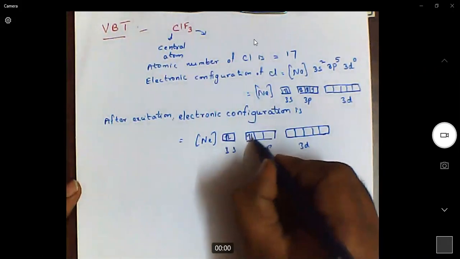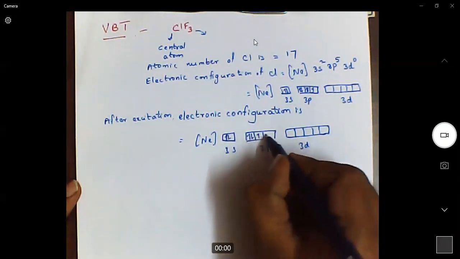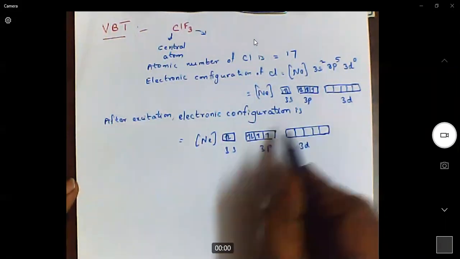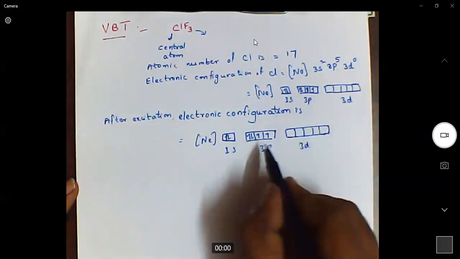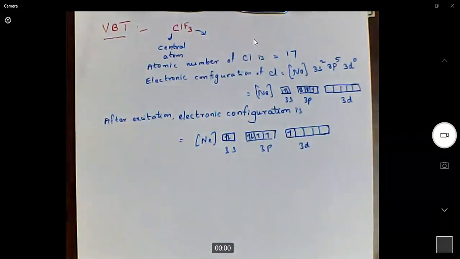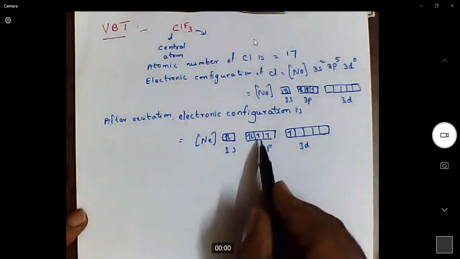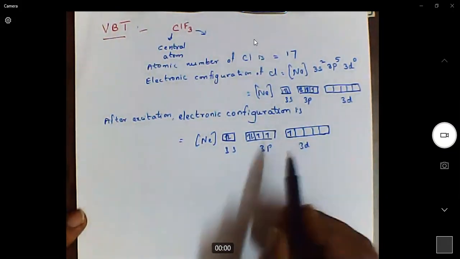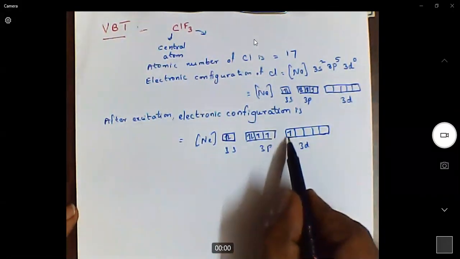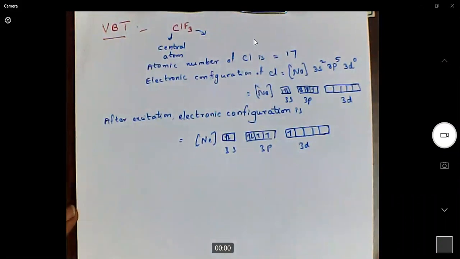So there were two electrons in this orbital. Now we are exciting one electron from here to the next orbital. The next empty orbital is the 3d orbital. So when this electron is excited from 3p to 3d, now we have three single electrons, 1, 2, 3. So chlorine can generate three sigma bonds.